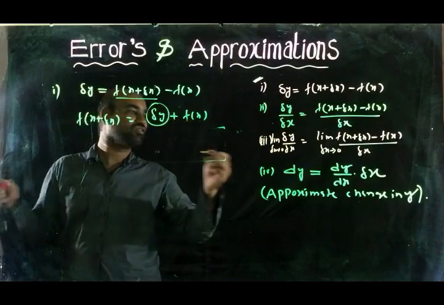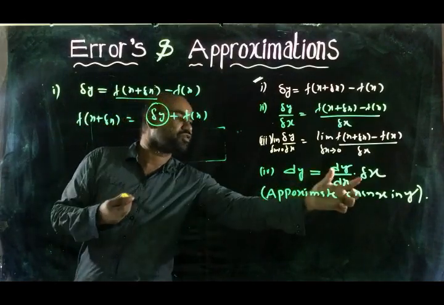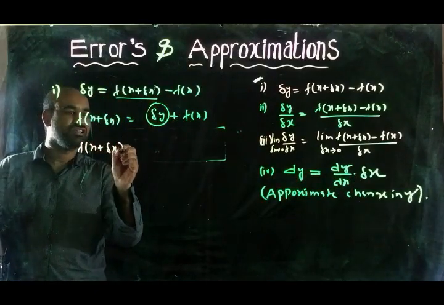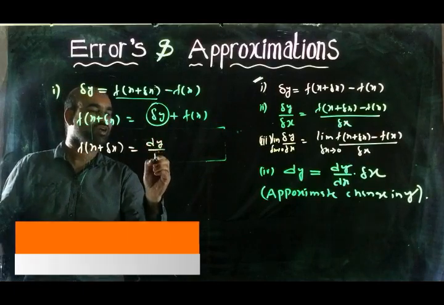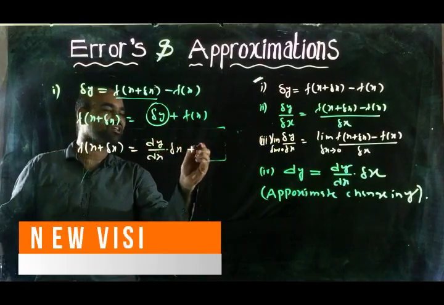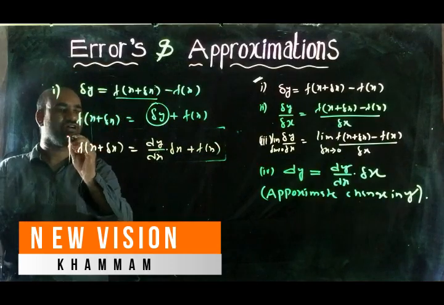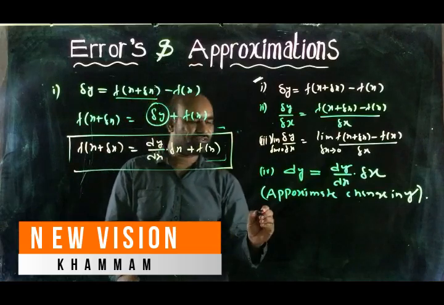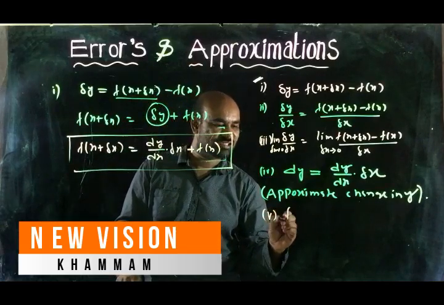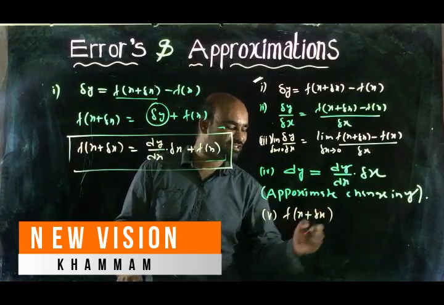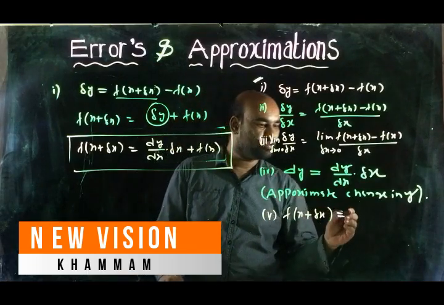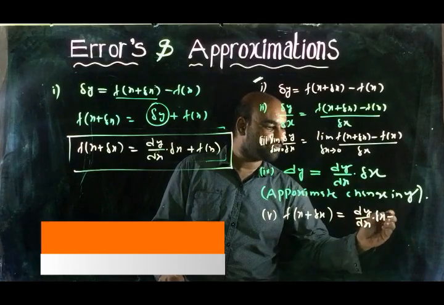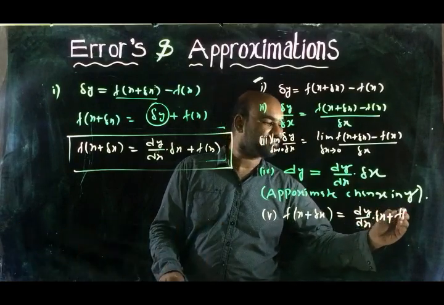Instead of this delta y, you can write dy by dx into delta x. So f of x plus delta x is equal to dy by dx into delta x plus f of x. This is our final result, the fifth one.